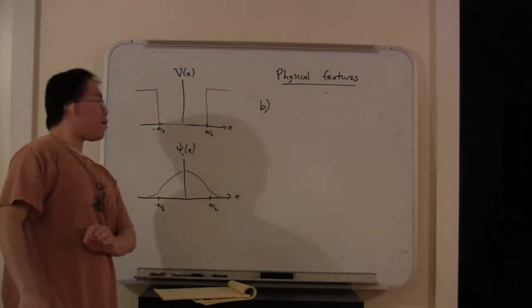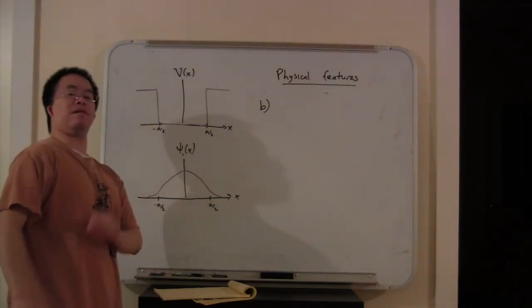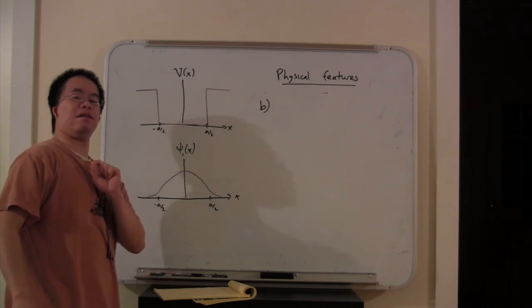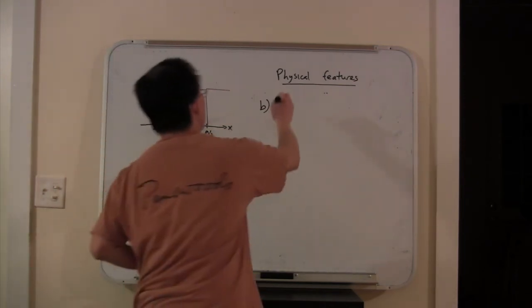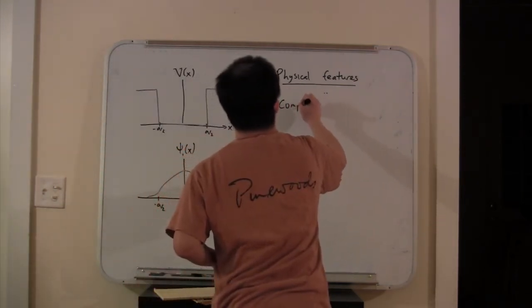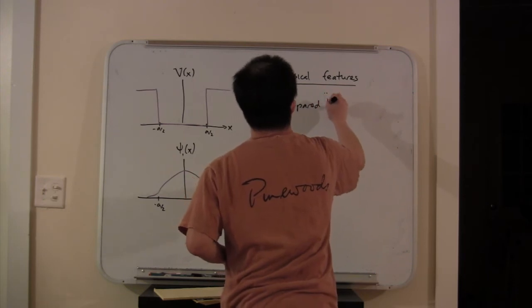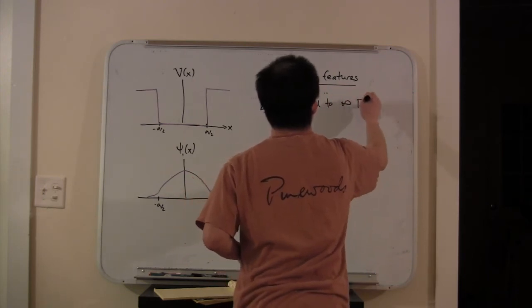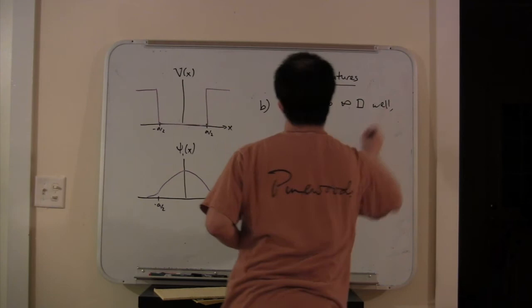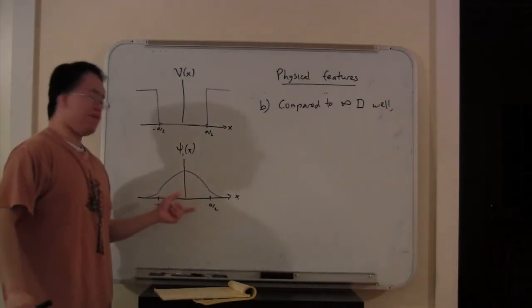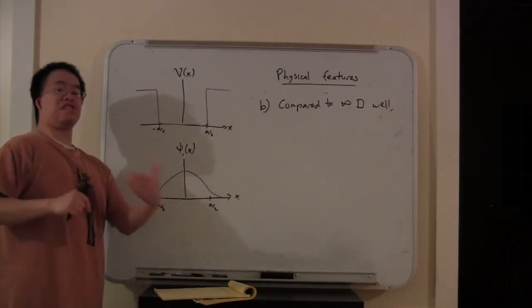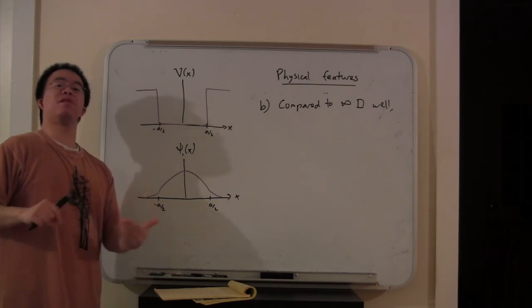So the next thing that I want to point out is that compared to the infinite square well, the wavelength of my wave function inside the well happens to be a little bit longer.